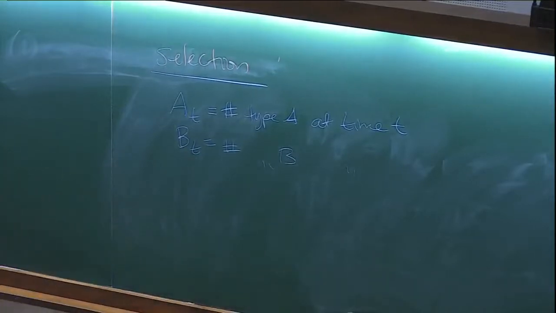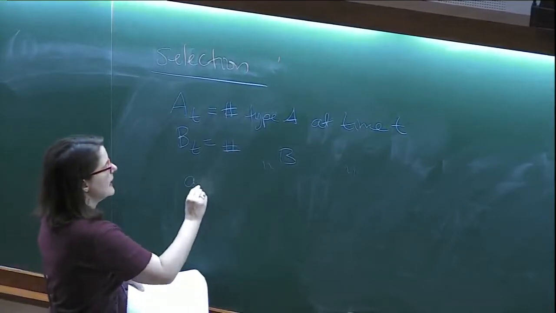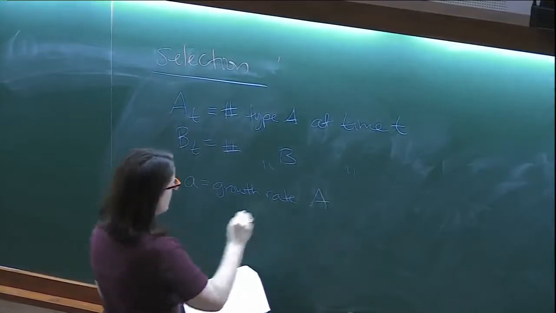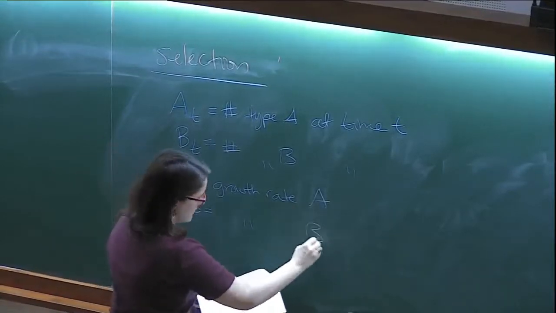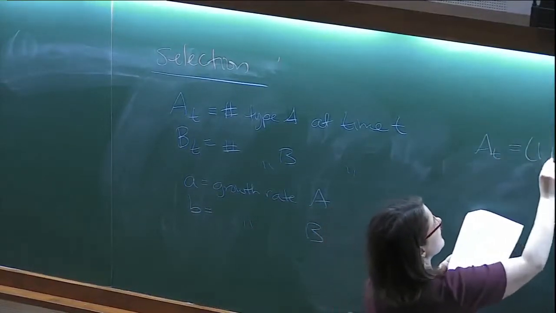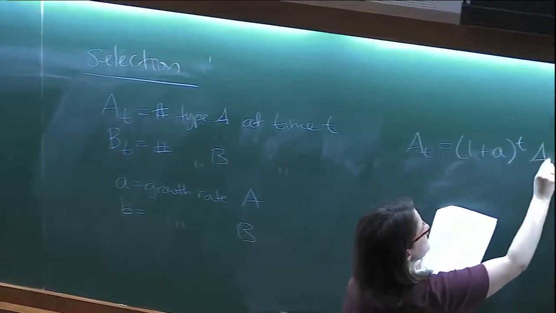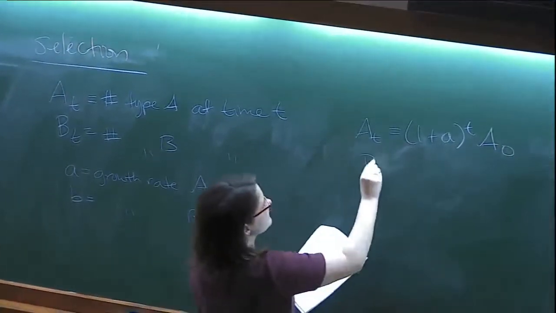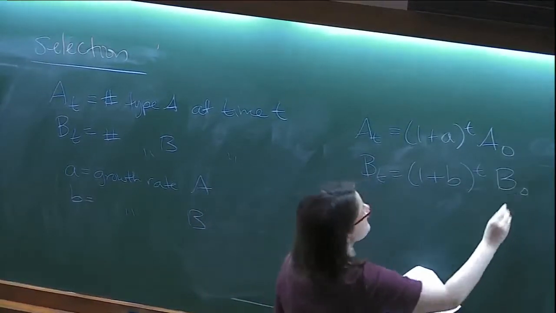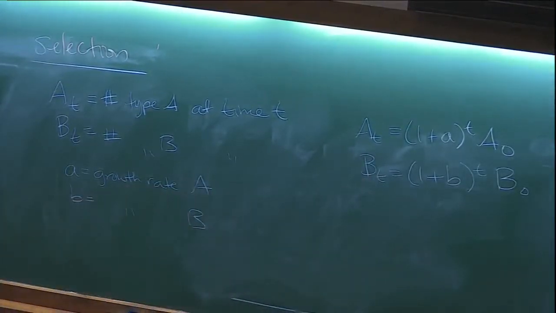And this is the number of type B. And I'm going to use little a for the growth rate for whatever the A type is, and little b for B. And I could write two equations just like before. And these are the same exponential equations I used earlier. And now I'm just keeping track of the numbers of these two things separately.